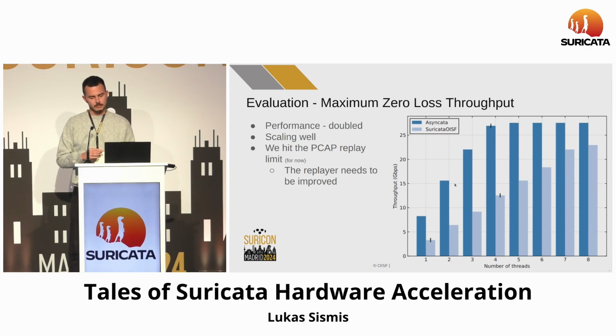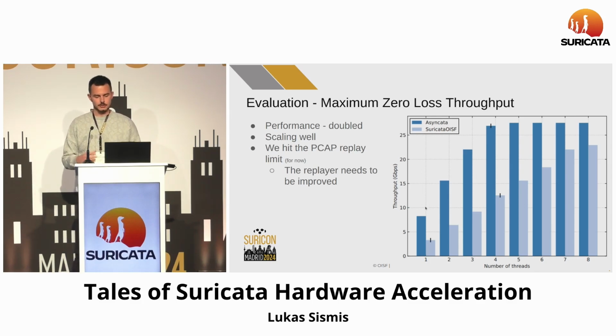We can see a plateau from core number 5 and so on, but that is caused because we hit the packet replay limit, so we need to fix this, and we will continue. The research is not yet over, so we will extend this plot.